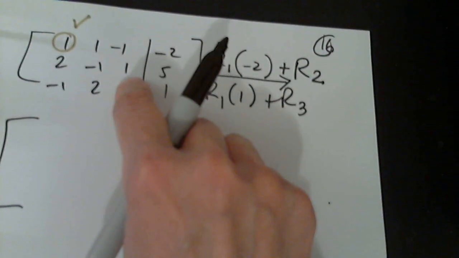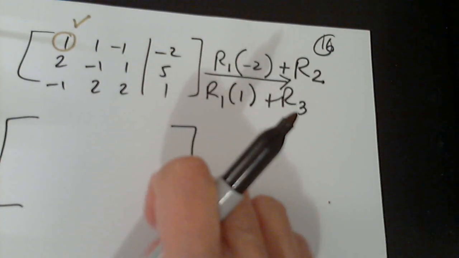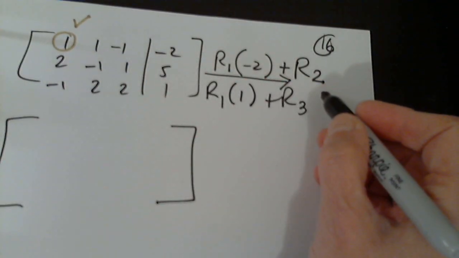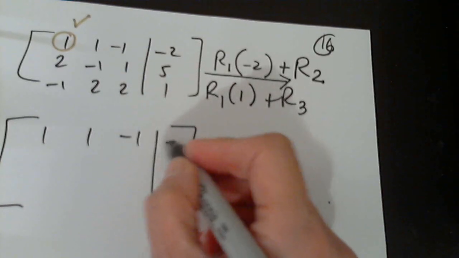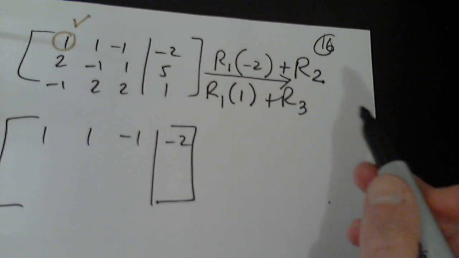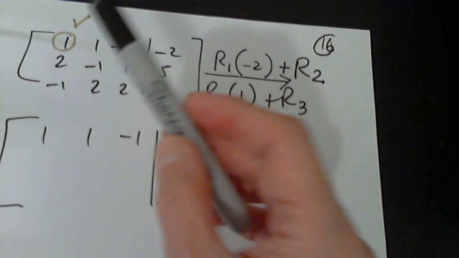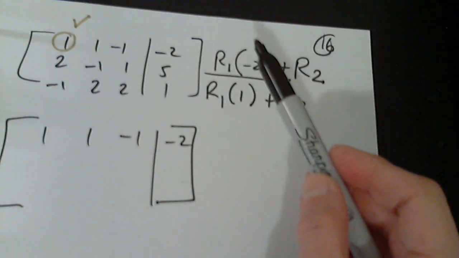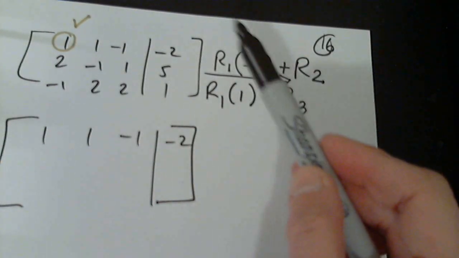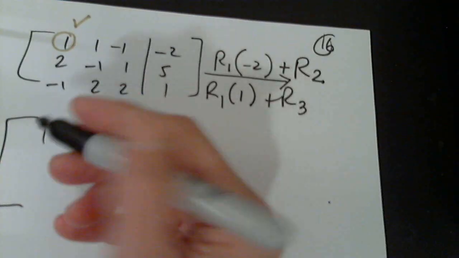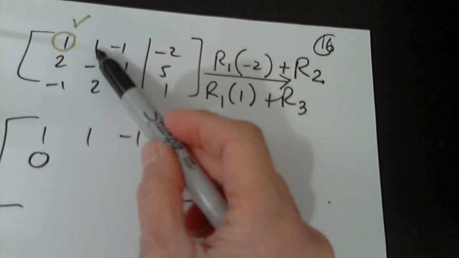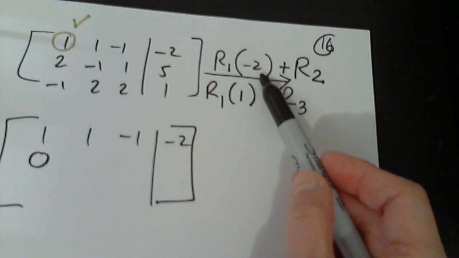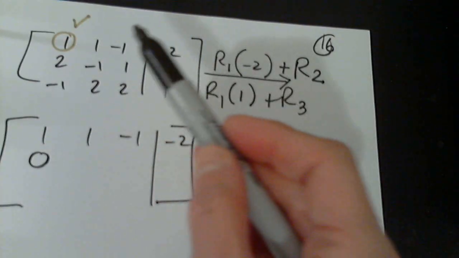Notice that I cannot write the equal symbol. A matrix cannot equal another matrix. I can only write an arrow. So 1, 1, negative 1, and negative 2. Okay. 1 times negative 2 plus 2. 1 times negative 2 minus 1.